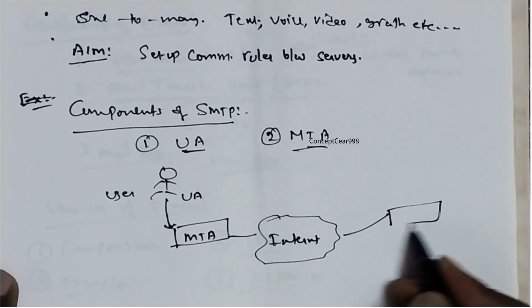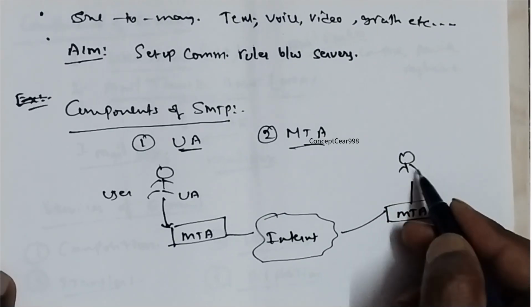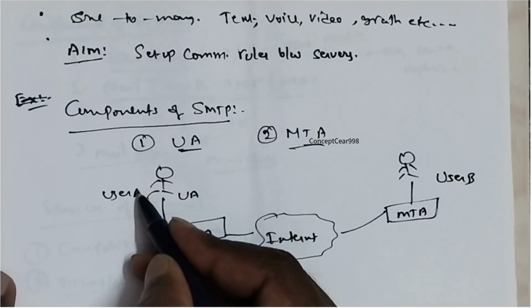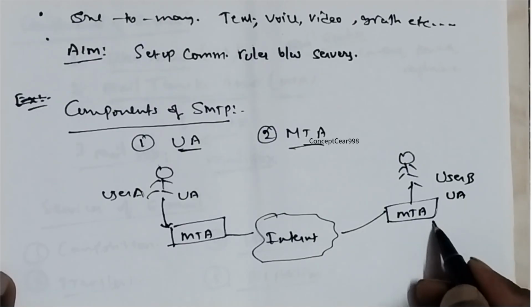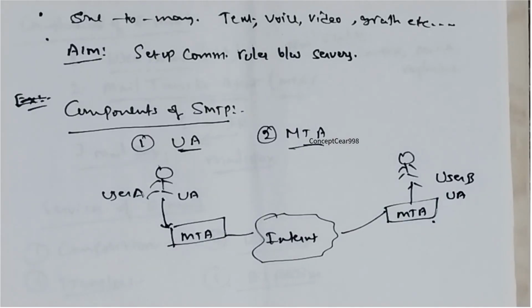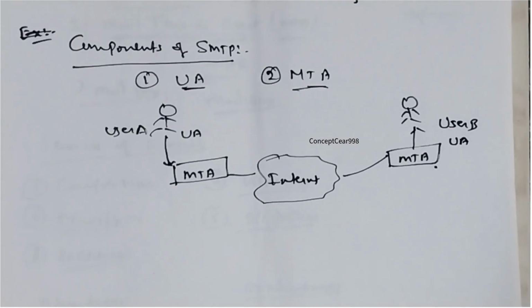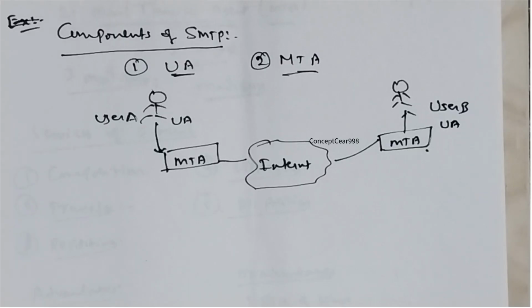Again, on the receiver side there is one more mail transfer agent that sends the mail to user B. This is user A, again a user agent, and this is a mail transfer agent. SMTP allows a more complex system by adding relaying, instead of having just a mail transfer agent on the sending side and one at the receiver. Okay, clear?